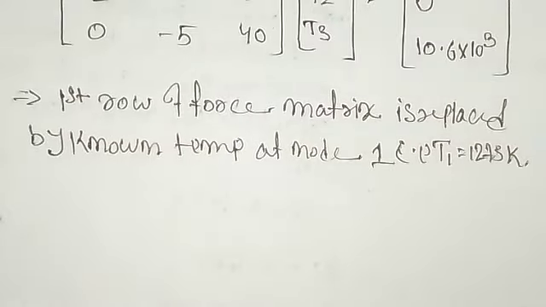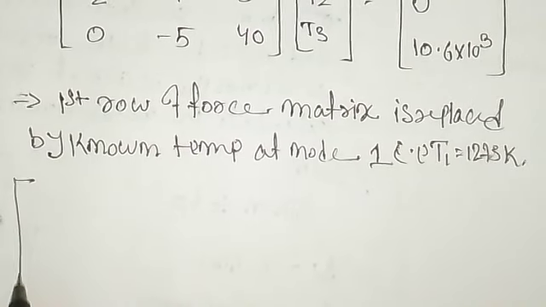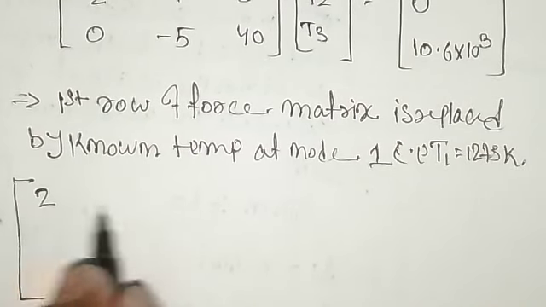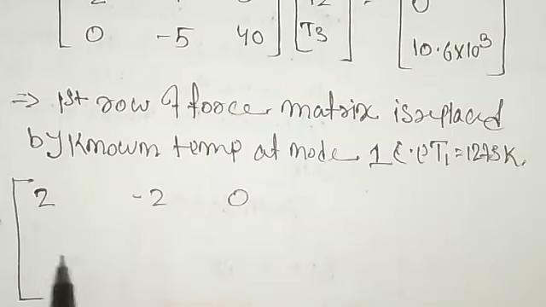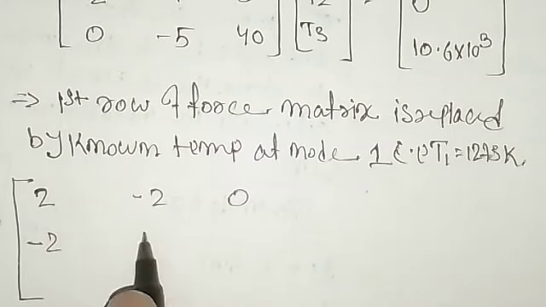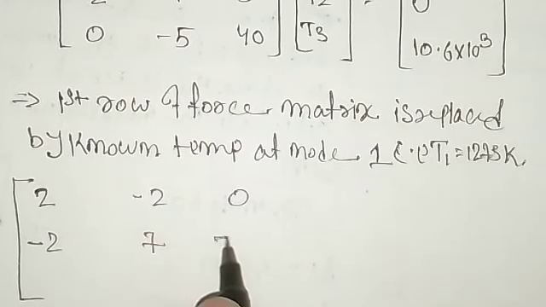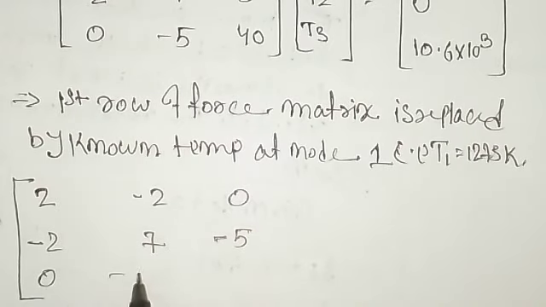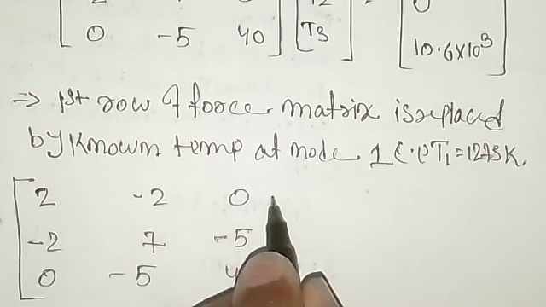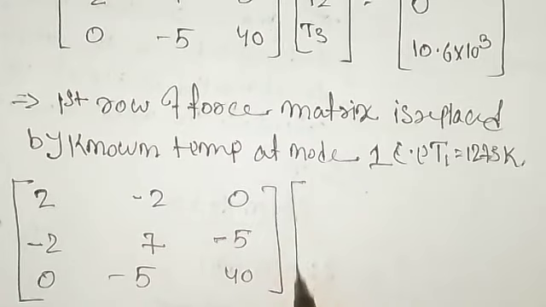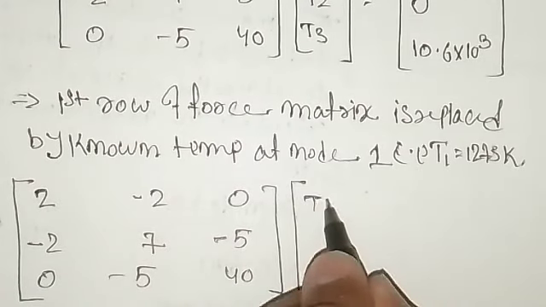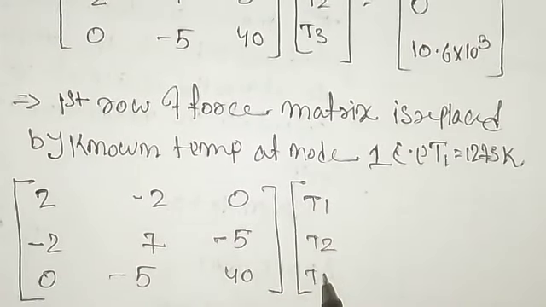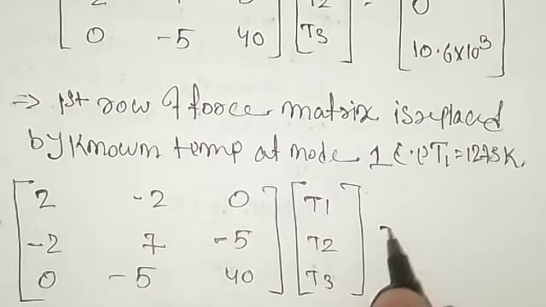So here the equation will become like this: 2, minus 2, 0; minus 2, 7, minus 5; 0, minus 5, and 40. Then you have T1, T2 and T3, is equal to what?